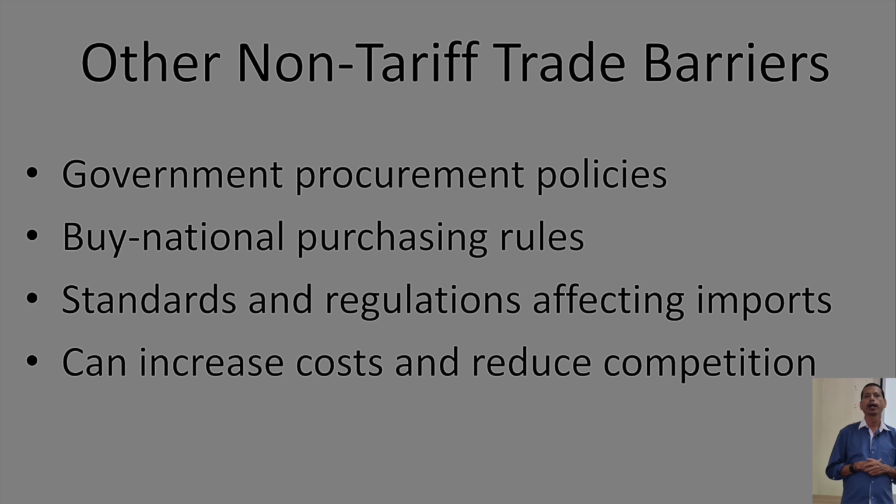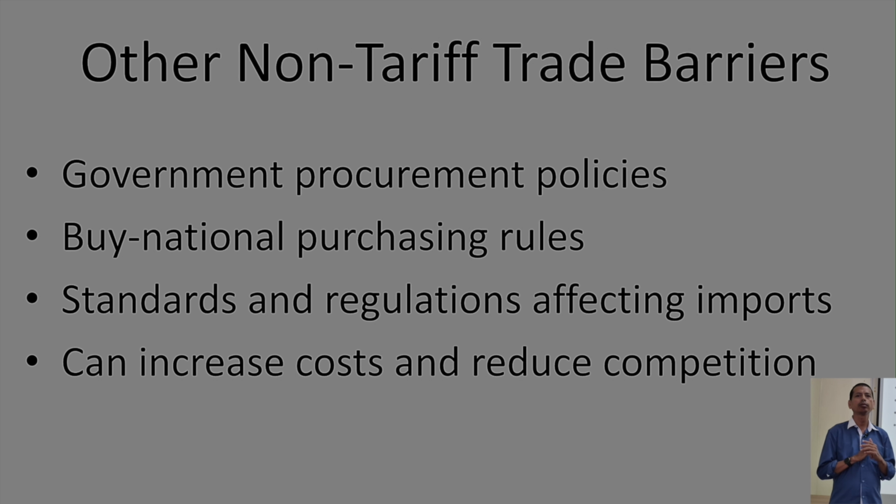Finally, there are other non-tariff trade barriers. One important example is government procurement policy. Governments are some of the largest buyers of goods and services in any economy. Ideally, they would buy from the lowest cost supplier.